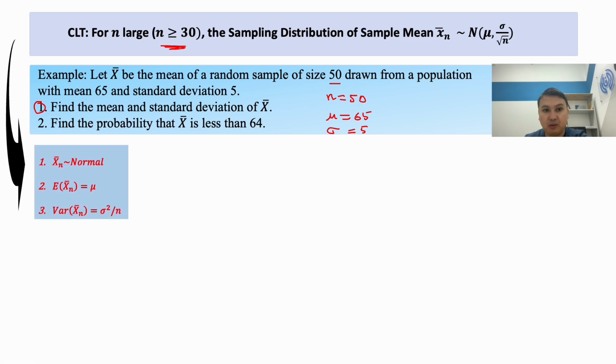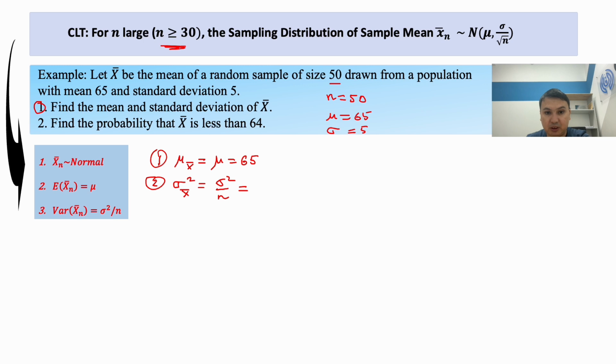What do we know from the central limit theorem? We know that the mean mu of x bar is exactly mu. In our case, this is 65. Secondly, how about the standard deviation? Let's look at the variance first. According to this formula, it's sigma squared divided by n.